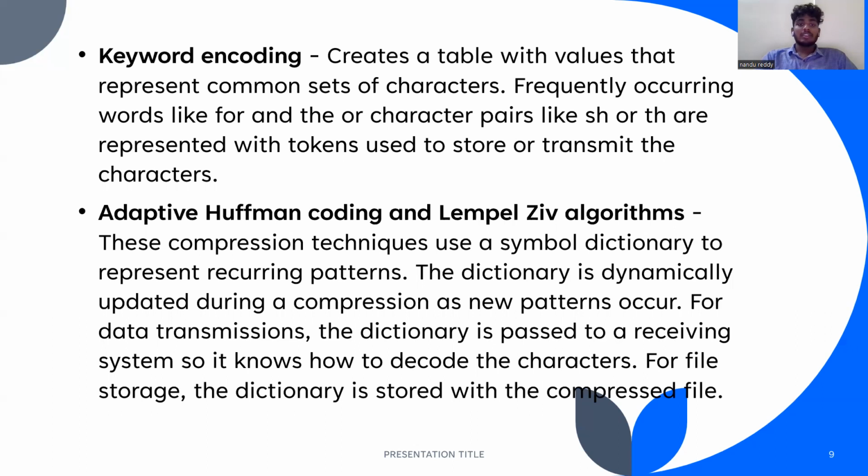This compression technique uses a symbol dictionary to represent recurring patterns. The dictionary is dynamically updated during compression as new patterns occur. For data transmission, the dictionary is passed to the receiving system so it knows how to decode the characters. For file storage, the dictionary is stored with the compressed files.